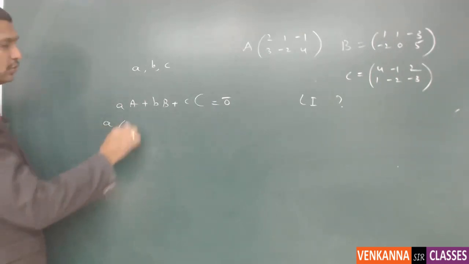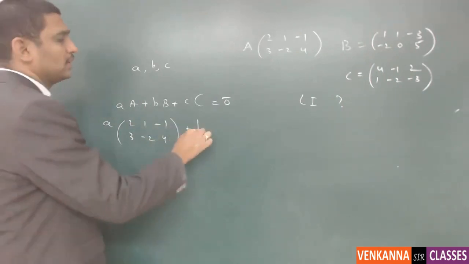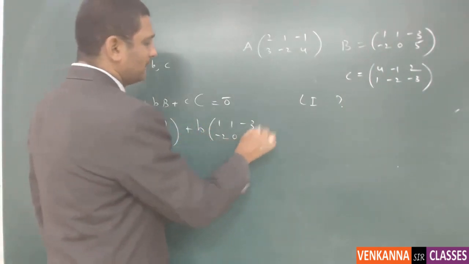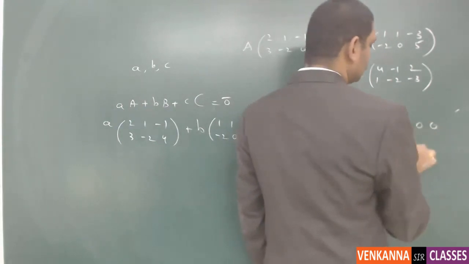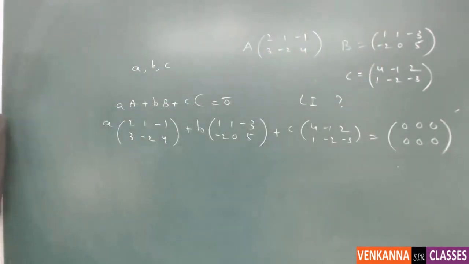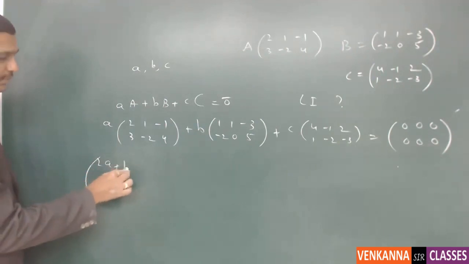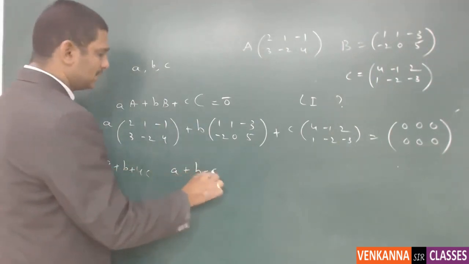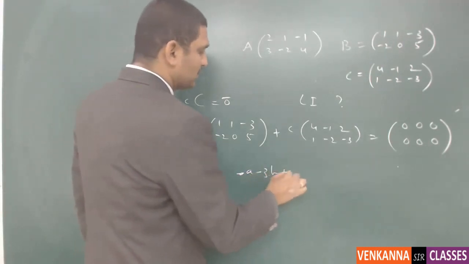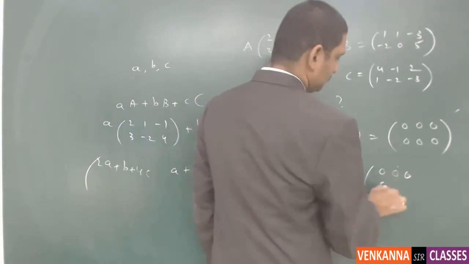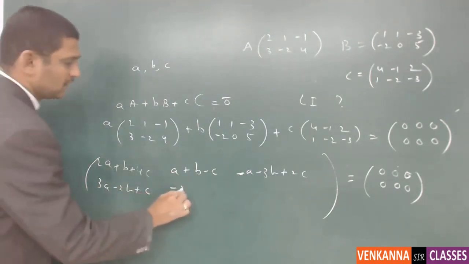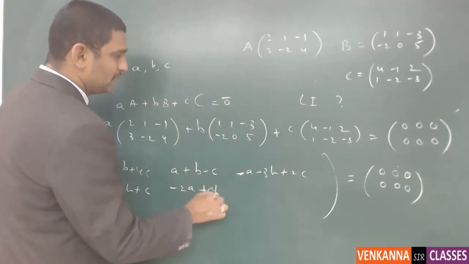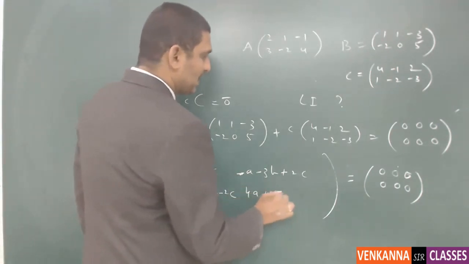So we write A into (2, 1, minus 1; 3, minus 2, 4), B into (1, 1, minus 3; minus 2, 0, 5), C into (4, minus 1, 2; 1, minus 2, minus 3) equal to zero. Now on summing up the three matrices you get the respective entries: 2A plus B plus 4C, A plus B minus C, minus A minus 3B plus 2C, 3A minus 2B plus C, minus 2A plus 0B minus 2C, 4A plus 5B minus 3C.